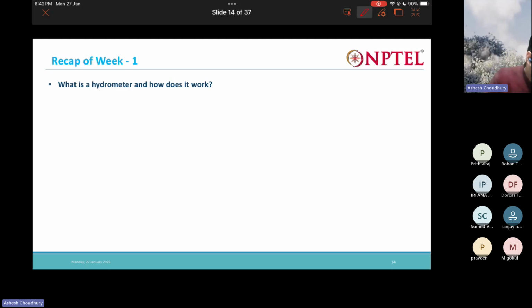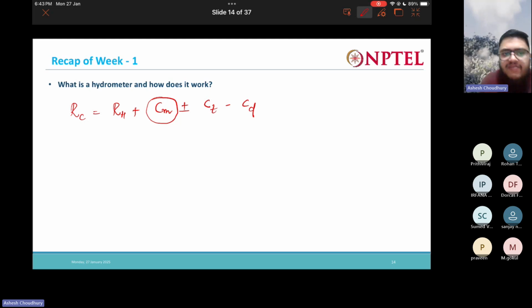Now you take this reading RH, right? This reading RH is very sensitive, and it needs to be calibrated. So the corrected hydrometer reading is nothing but RH plus Cm plus or minus Ct and minus CD. Now what is Cm? Cm is the meniscus correction. The soil solution that you are having in that flask is very turbid, very opaque, right?